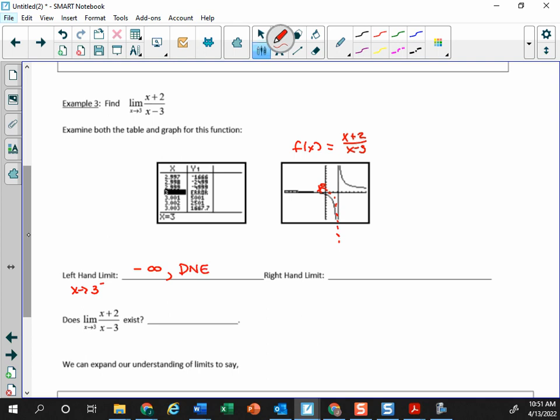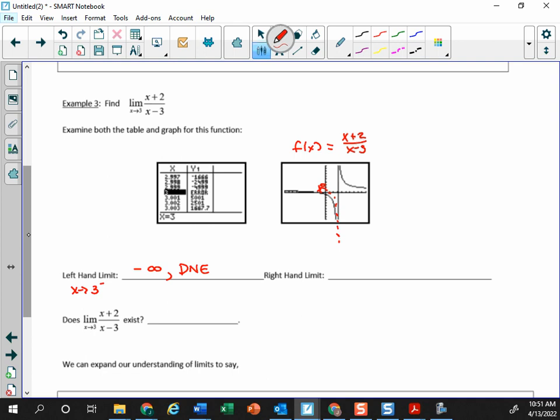Different textbooks have different notations. Some will just say negative infinity. Some will include the does not exist. The reason I like to include it is because is infinity a defined value? No. So we know the direction we're going, but that's not truly the limit. Okay? So what about the right-hand limit?